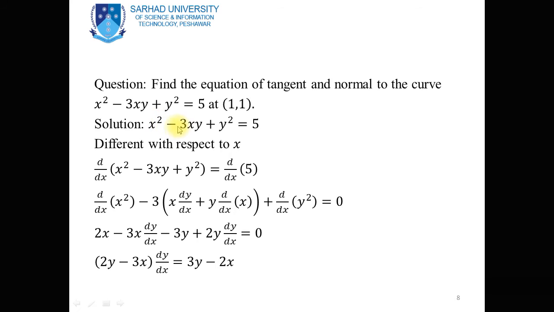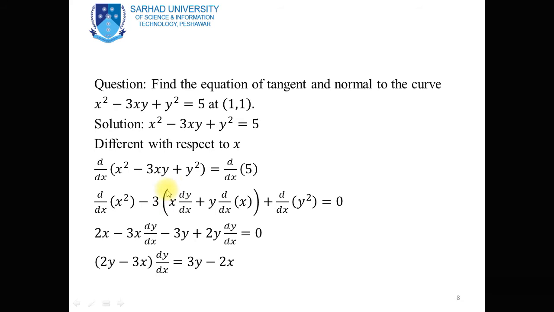So x square minus 3xy plus y square is equal to 5. Taking the derivative of this implicit function with respect to x. So the derivative of x square minus 3xy plus y square with respect to x, and the derivative of 5 with respect to x, which is equal to 0. Now the derivative of x square by using the power rule is 2x, and for the derivative of xy we use the product rule.